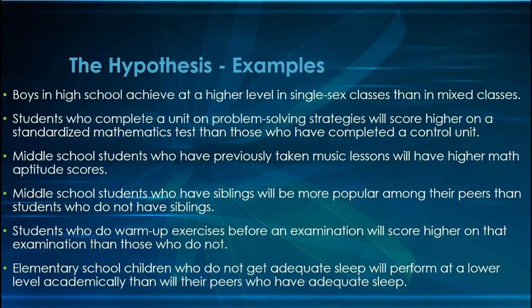These are some examples of hypotheses, and what we've done is identify our variables, as you'll see, and we have to explain the relationship between those variables. That's what we're going to test. For example, the first one, boys in high school achieve at a higher level in a single-sex class than in a mixed class. Our variables are single-sex classes, mixed-sex classes, and however we've defined achieve at a higher level.